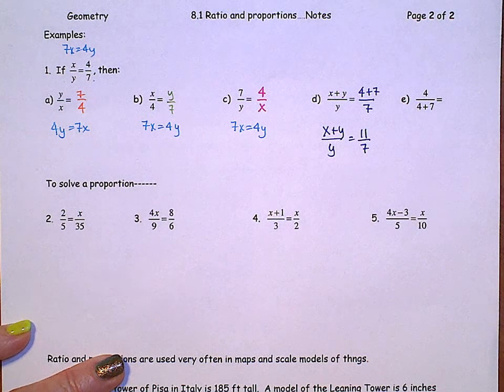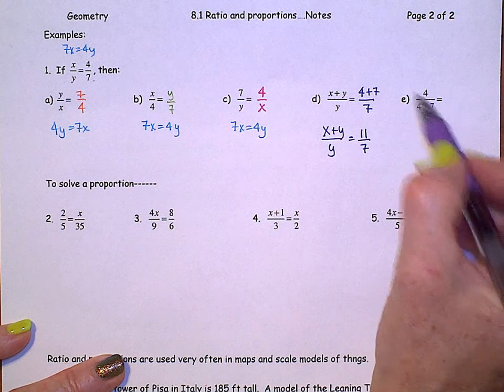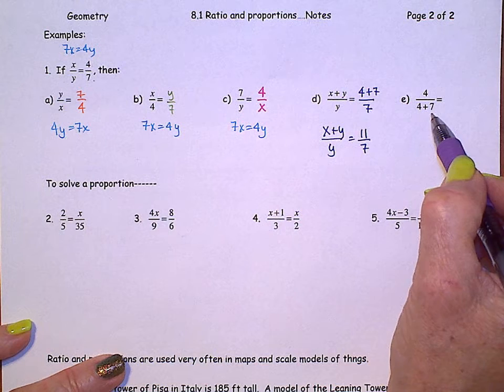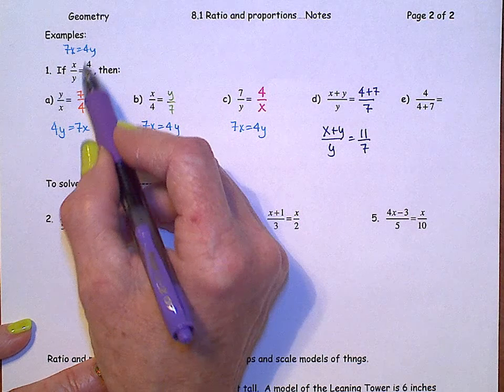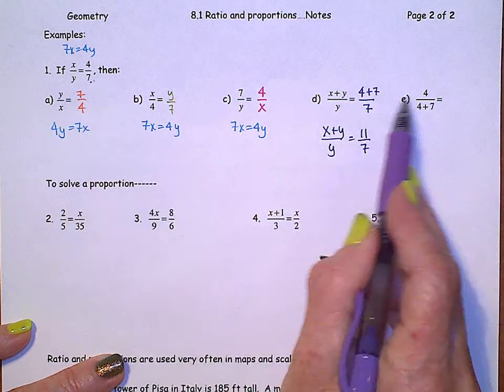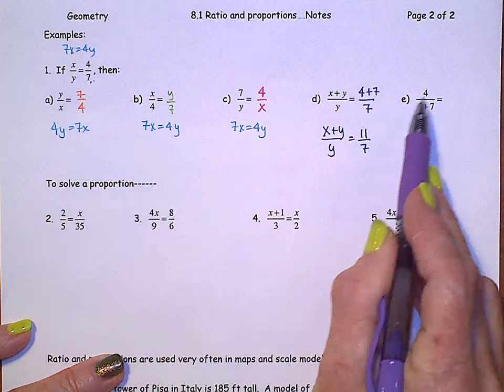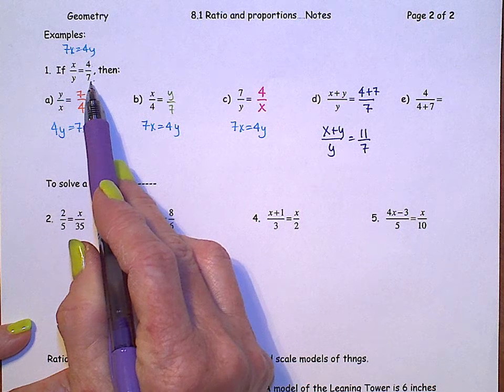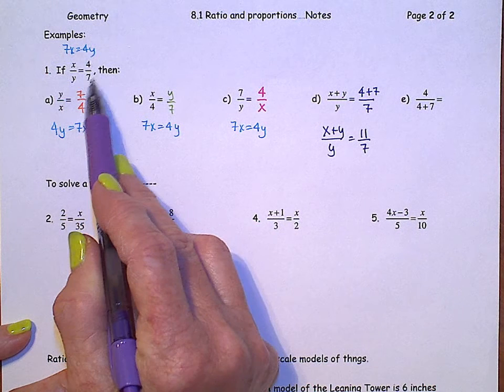All right, now look at this one, 4 over 4 plus 7. Look at the pattern. That's this 4 and this 7 side. You see we kept the numerator the same, and then in the denominator, we just added that numerator down to the denominator.